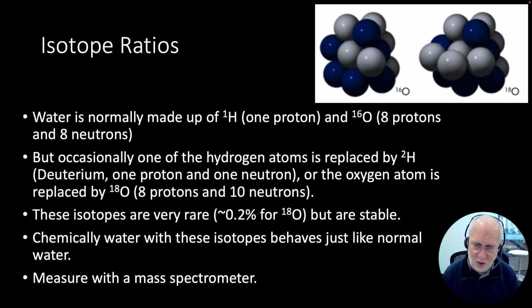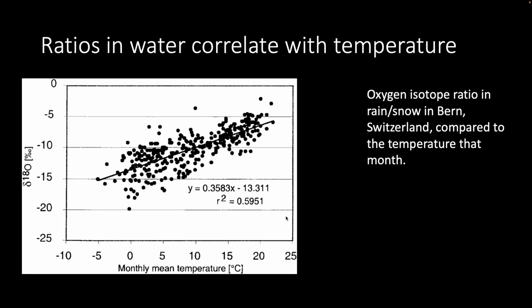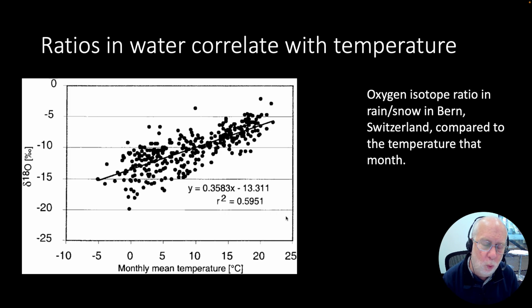And what people discovered, starting in the 60s, is that in water, the ratio of these isotopes depends on the temperature. It applies to both deuterium and oxygen, but I'm going to mostly show you the oxygen isotope ratios. Here, for example, is the precipitation in Bern, Switzerland. People have collected either the rain or the snow that's falling on that particular day, and they've compared it to the month and the temperature in the month.